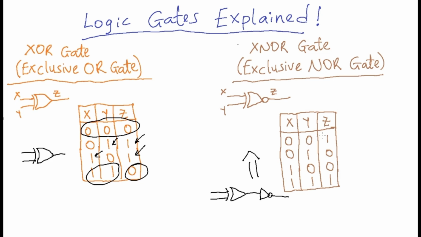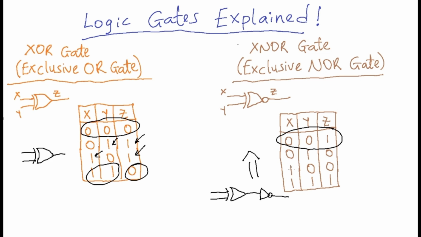Let's look at it in the truth table. For the first row, we have both of our inputs being low, and that satisfies our condition. It's not just one of our inputs that's a high, so the output will be a high. In our second row, we have just one input being a high, and in our third row, we have the same thing.